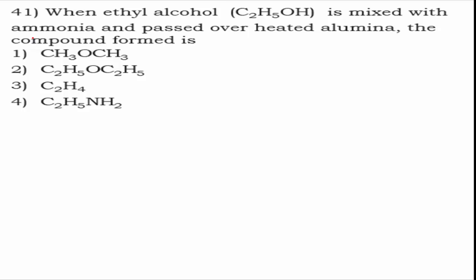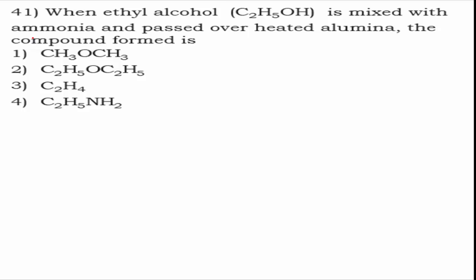When ethyl alcohol, C2H5OH, is mixed with ammonia and passed over heated alumina, the compound formed is: option 1 CH3OCH3, option 2 C2H5OC2H5, option 3 C2H4, and option 4 C2H5NH2.